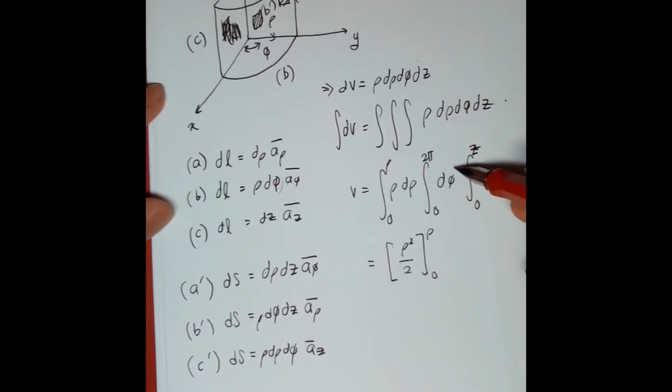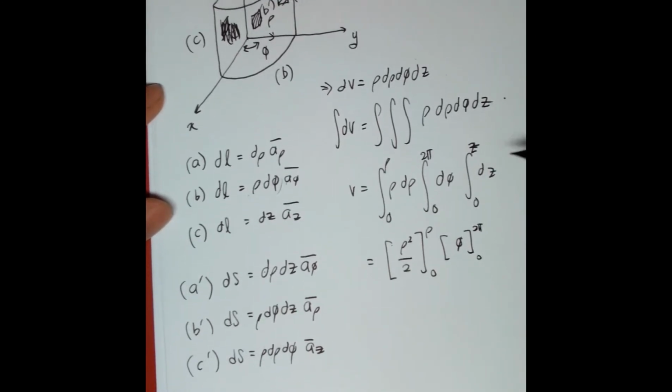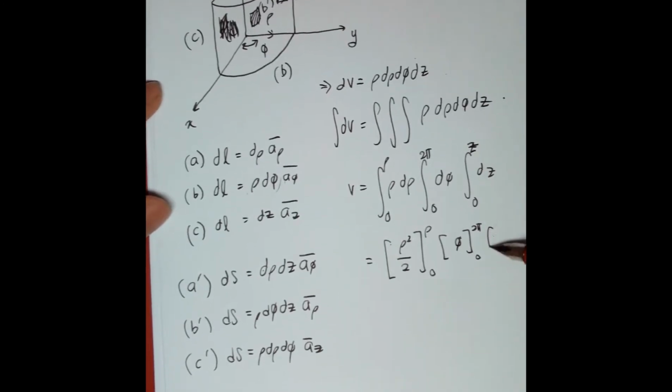If we integrate this, we should get phi from 0 to 2 pi. Integrate this one, we should get z.